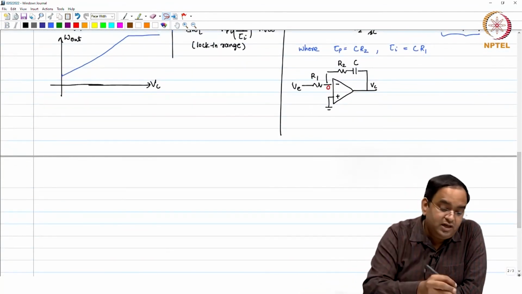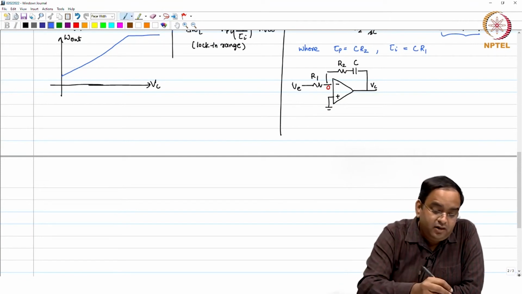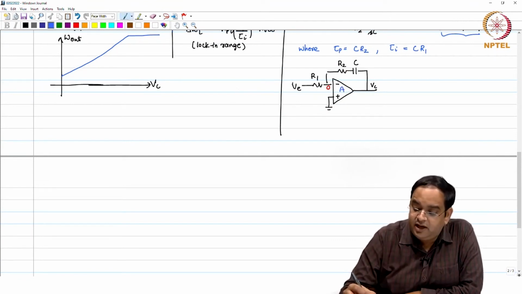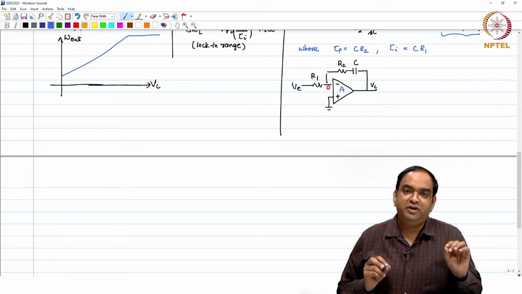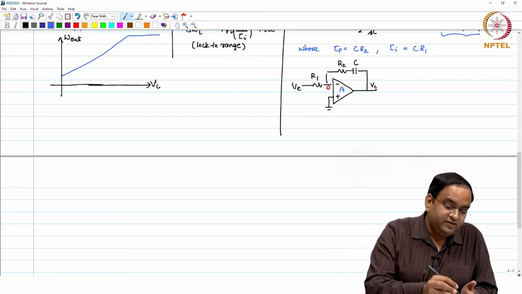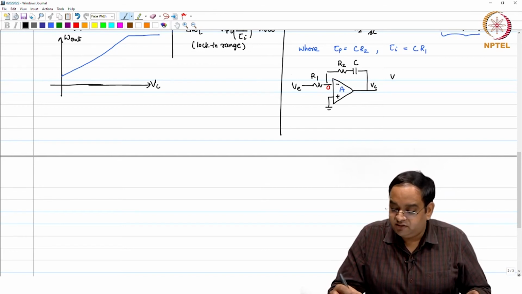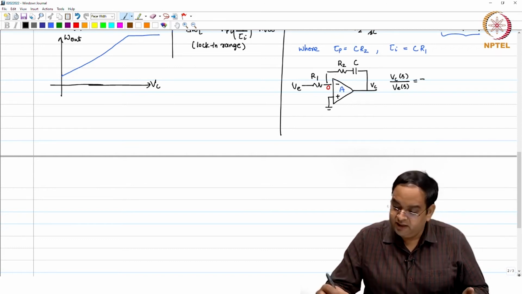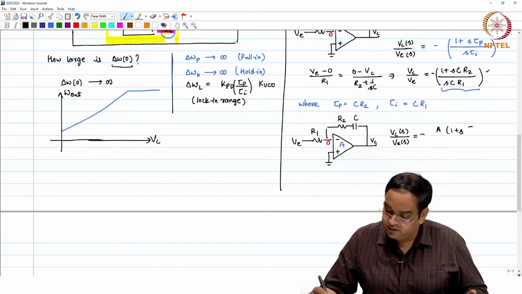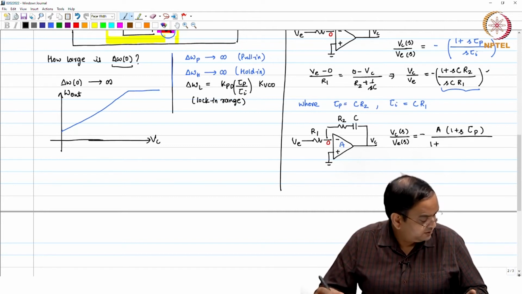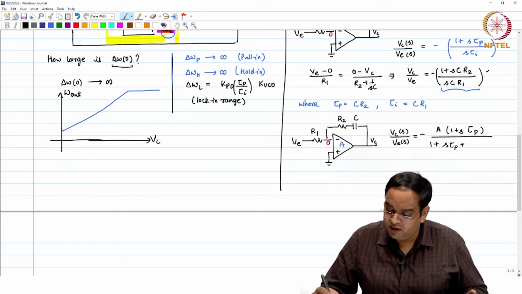So, we will introduce only one order of nonlinearity here, that this has a gain A. This is a very simple nonlinearity, that the gain is fixed across the frequencies and the gain is equal to A. If you have this, then Vc of S by V error of S is equal to minus A times 1 plus S tau p divided by 1 plus S tau p into 1 plus A times S tau I.